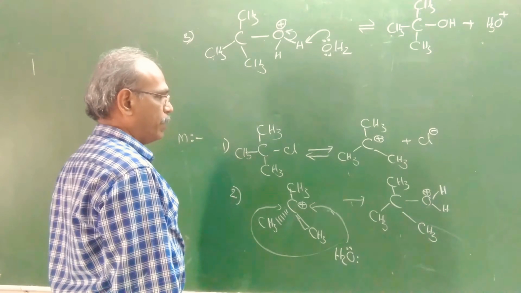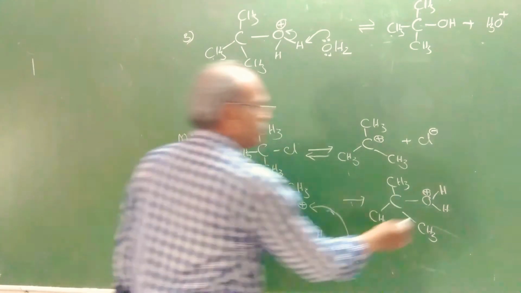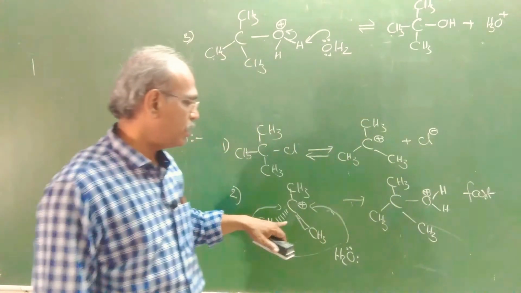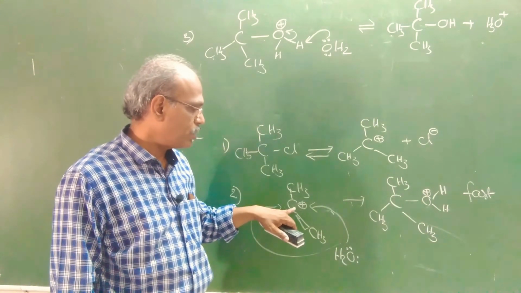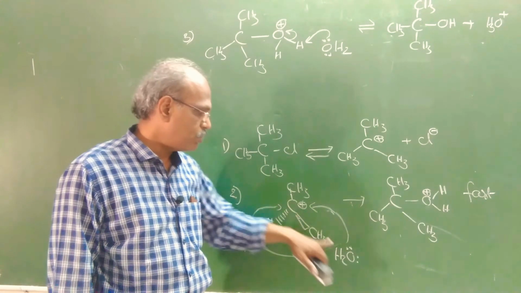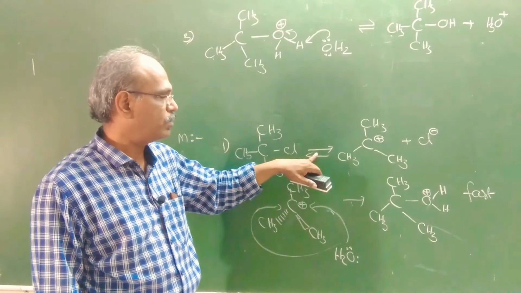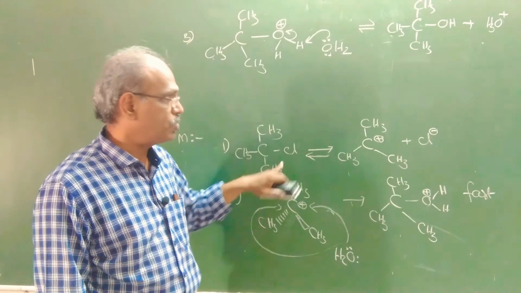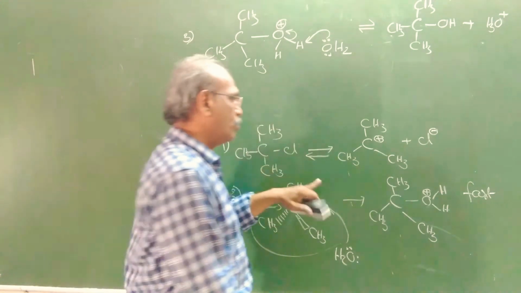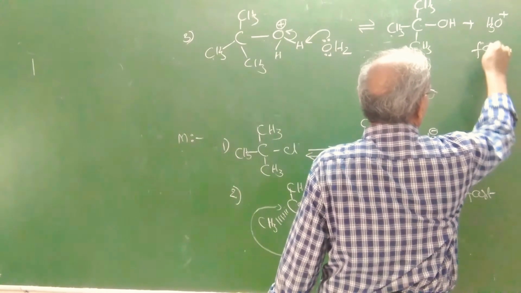Now let's compare. If you compare 1 and 2, relatively this is fast, because this is the reaction between, just like an acid base reaction, this is Lewis acid, this is Lewis base, whereas this is an ionization reaction. Relatively the second step is fast. Similarly, this is an acid base reaction. So when compared with 1, this is also fast.